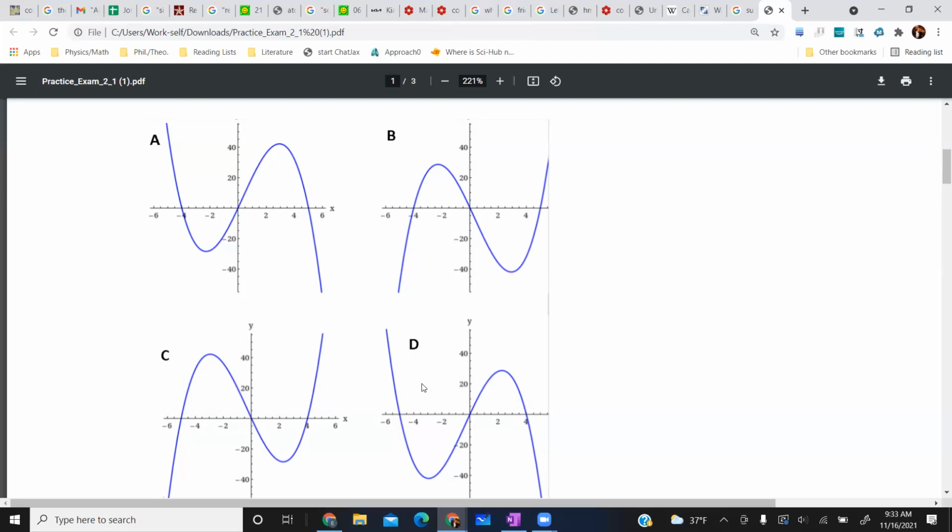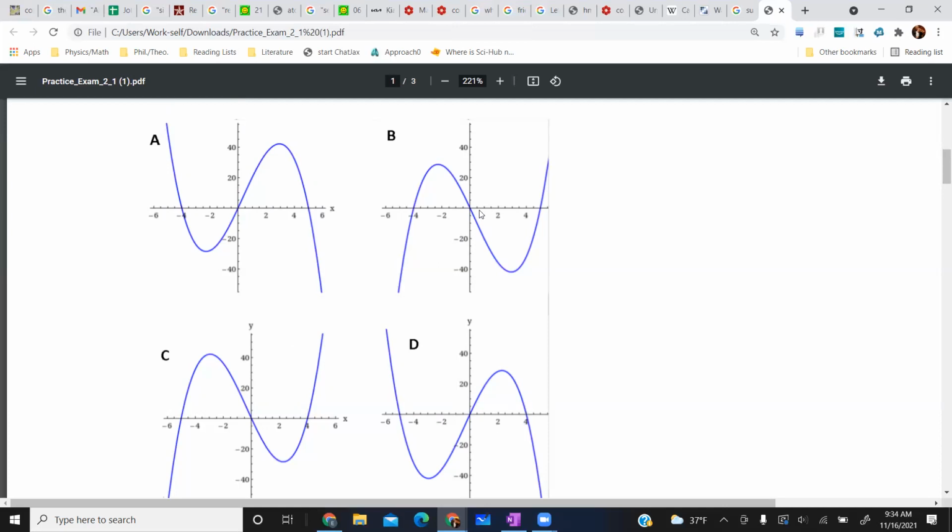The limit behavior of the function is not the right limit behavior, because as x goes to negative infinity, the function goes to positive infinity, and as x goes to positive infinity, the function goes to negative infinity. So the graph of the function will be neither A nor D. However, B and C have the right limiting behavior.